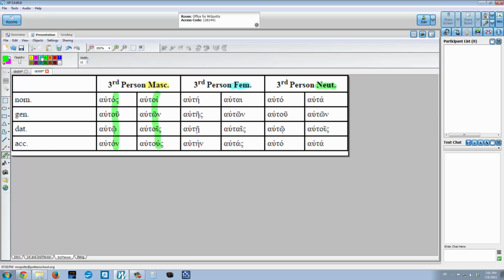What does she become? Herm? No, just her. Of her, to her, and her. And look at that. The feminine, those are perfectly normal first declension endings, aren't they?